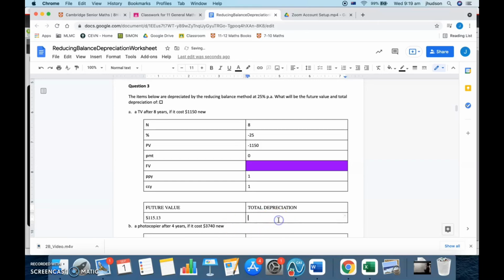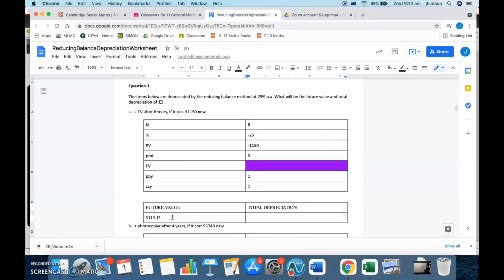Alright, now it's asked for the total depreciation. We started initially with a value of 1,150, and our future value is going to be $115.13. The depreciation is the amount of money that's lost off that value.